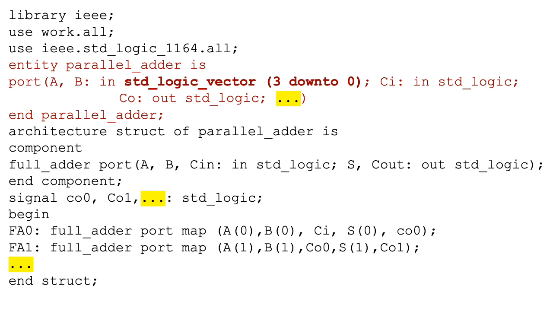Remember, VHDL is case insensitive, so it doesn't care if I use big C or lowercase c. It's the same. And then once we've defined the ports, the signals and the components, we can say begin and then define the relationship between the inputs and the outputs.